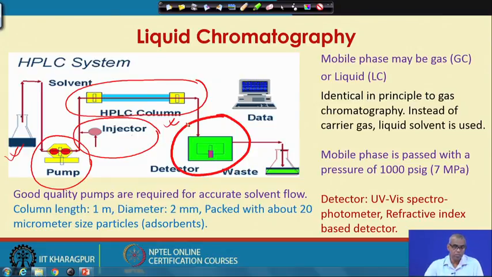So, very good quality pumps are required because the mobile phase, which is solvent, has to be passed through the column with a very accurate flow rate at high pressures. The typical column length is 1 meter, diameter is 2 millimeters, and it is packed with about 20 micrometer size particles, which are adsorbents.